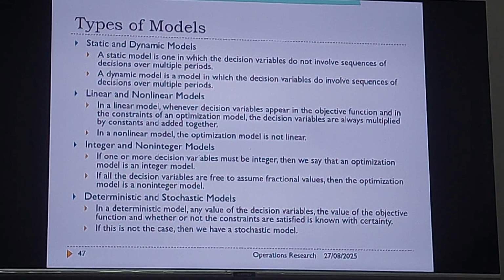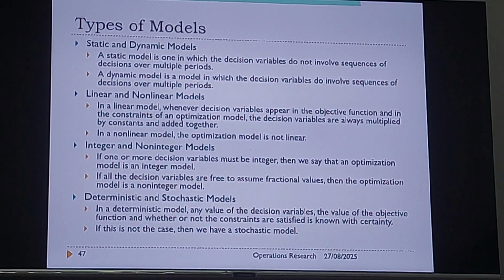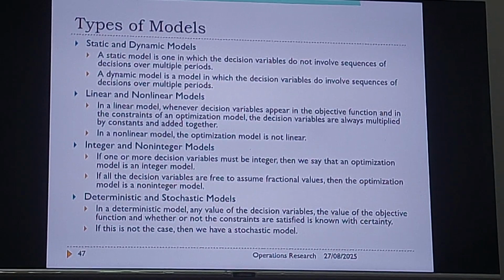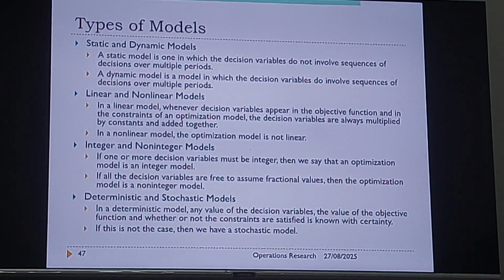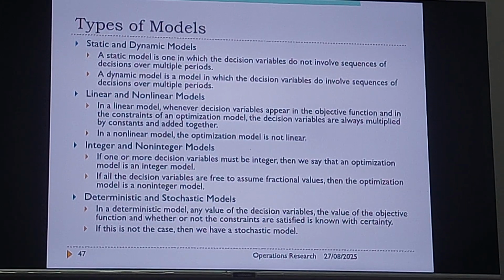If it's static, it does not involve a sequence of decisions, while dynamic involves a sequence. What does it mean? Say your model decides how many goods should be sent from the factory to the warehouse. If it's static, you only set it one time and finish.